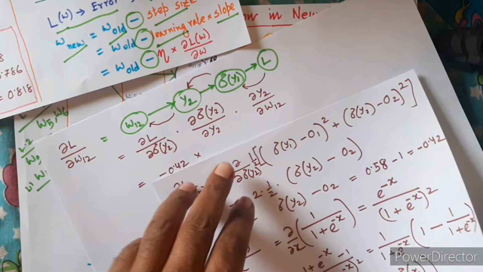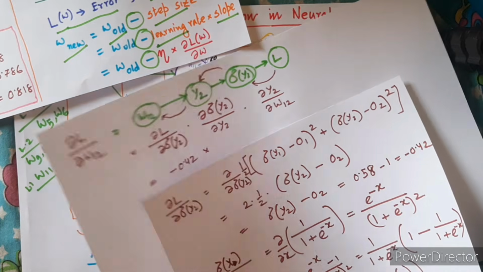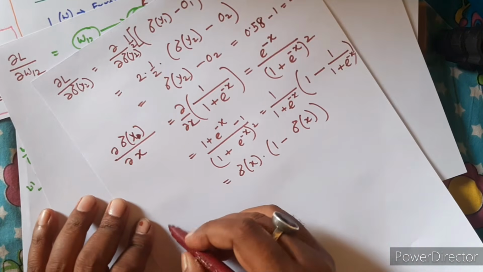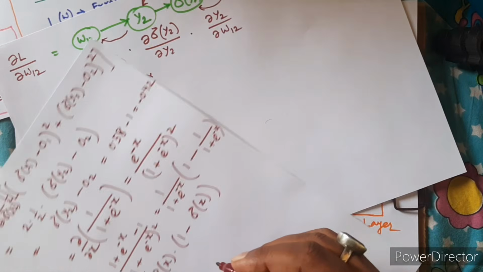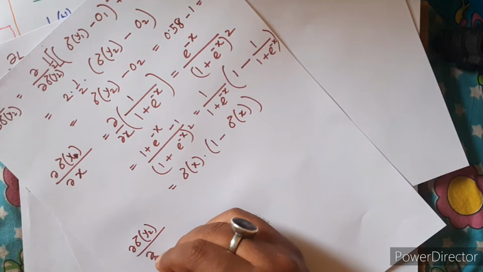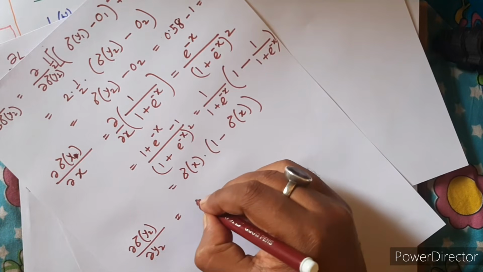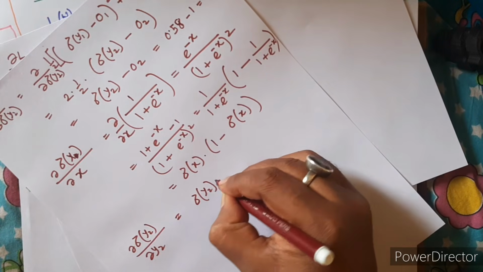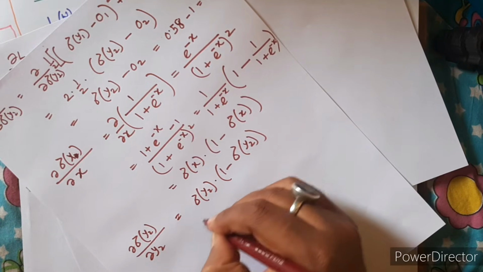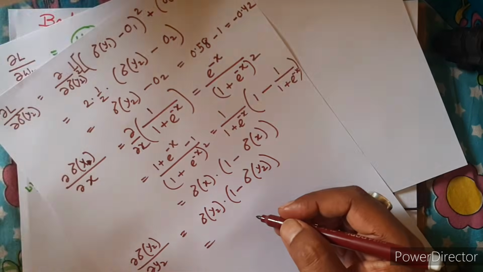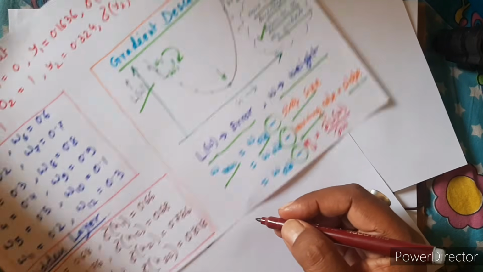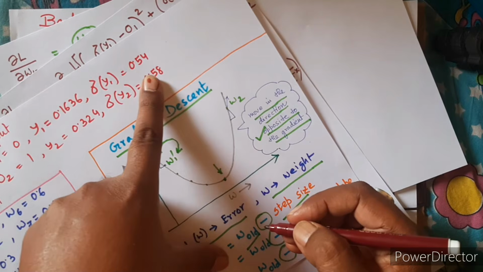So what we have actually is delta of sigma of y2 by delta y2 is equal to sigma of y2 into 1 minus sigma of y2. Sigma of y2 you know already, 0.58.